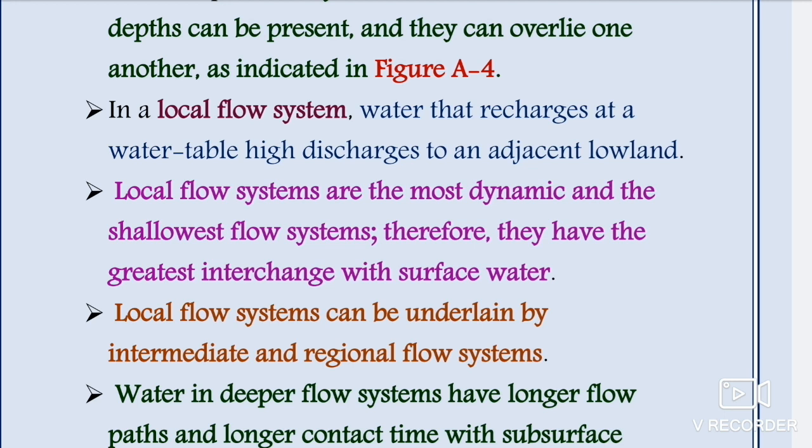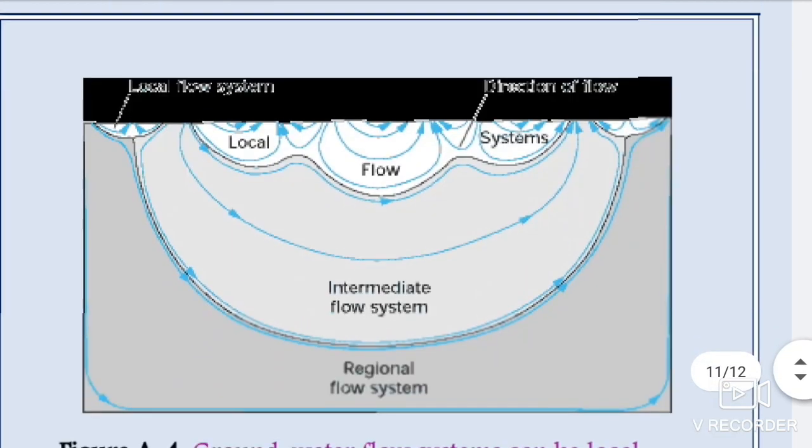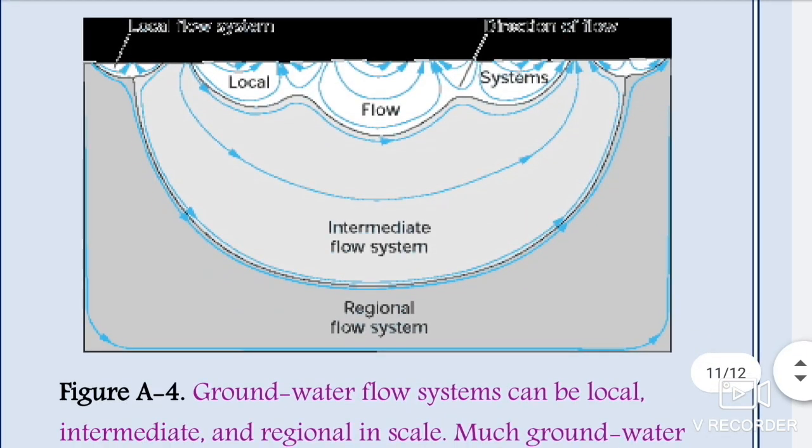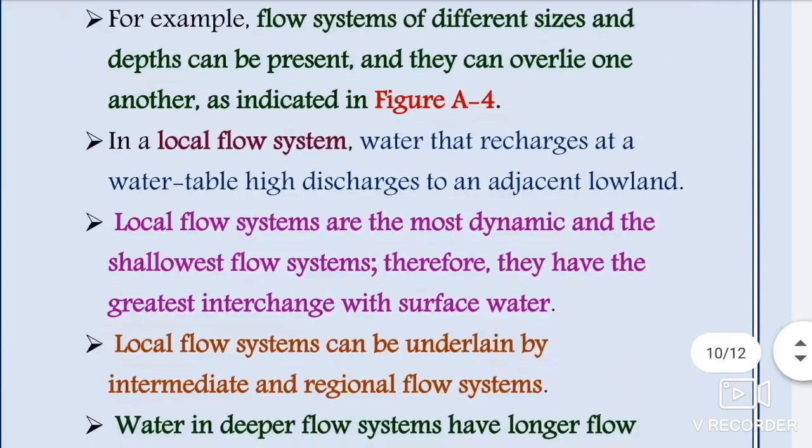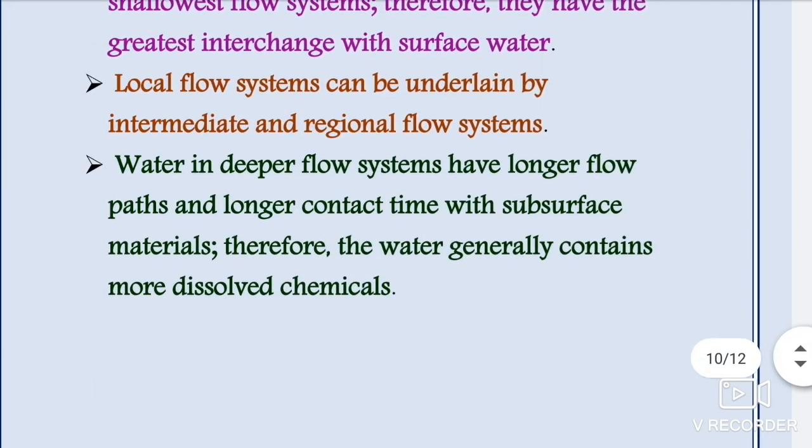Local flow systems can also be underlain by intermediate and regional flow systems, as we have seen in the diagram. First the local flow system is there, followed by the intermediate flow system and subsequently the regional flow system. So this is the hierarchy of the flow systems.